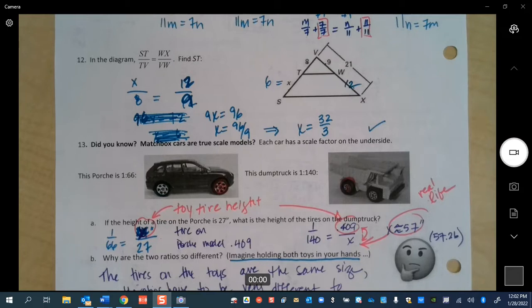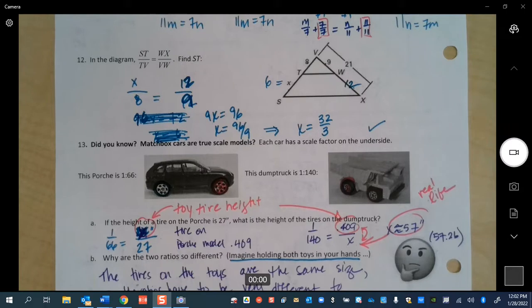Hot Wheels cars are made up. So they just design a really cool car, mass produce it, and call it done. But matchbox cars are based upon real life cars.